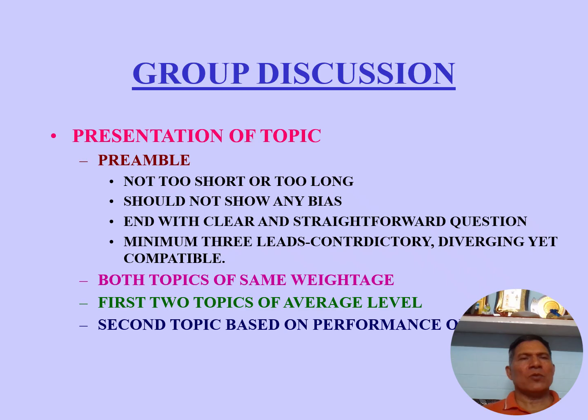The conduct of the group discussion is presentation of the topic, with a preamble not too short or too long, which should not show any bias, and with clear and straightforward questions, minimum 3 leads, contradictory, divergent, yet compatible, both topics of the same weightage. The first two topics are of average level, the second topic based on performance.